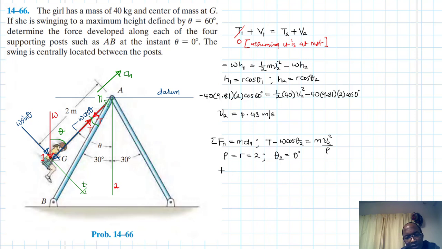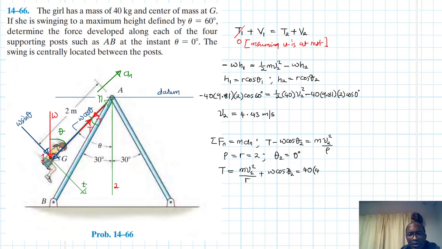Right, let's write this. So we have T is just equal to m v2 squared divided by R plus W cos theta 2, and this is equal to 40 by 4.43 squared.